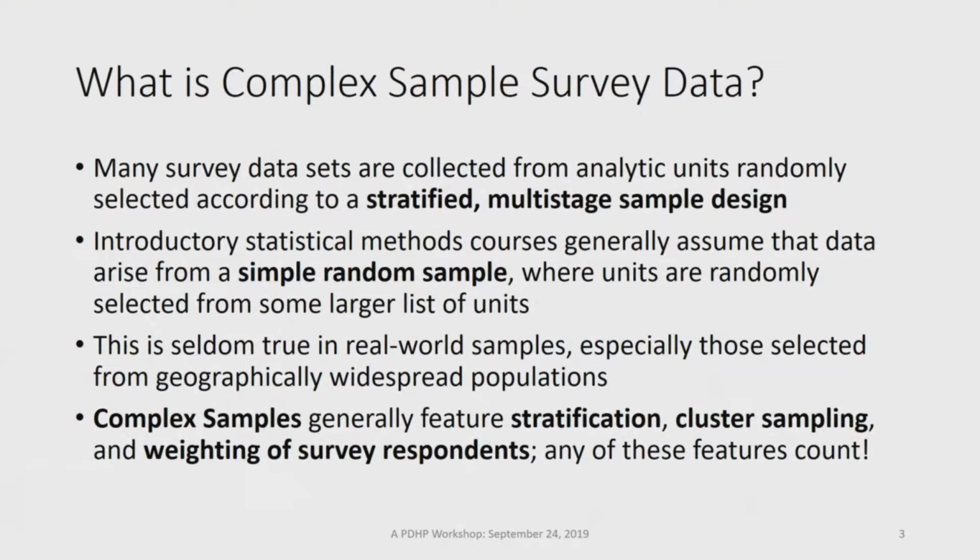We'll get back to these terms in more detail. And if you have weights in a survey data set, that generally means that the cases that were sampled had different probabilities of being included in that sample. And we need to account for those different probabilities when we sit down to analyze the data. So you don't have to have all three of these features for something to be a complex sample. You could have any one of the three or two of the three. And you're talking about something that is more complex than a simple random sample, where again, simple random sample is what we learned in intro stat classes.